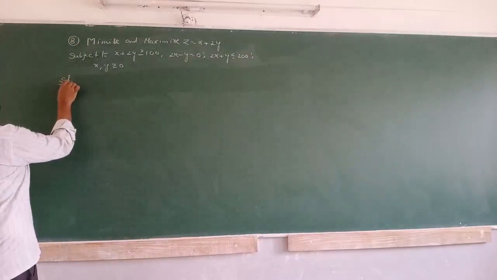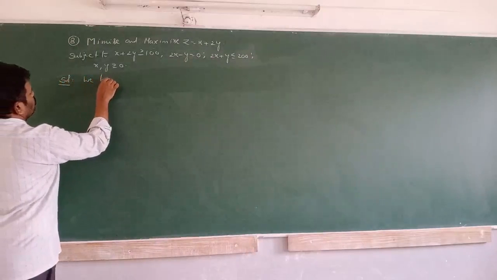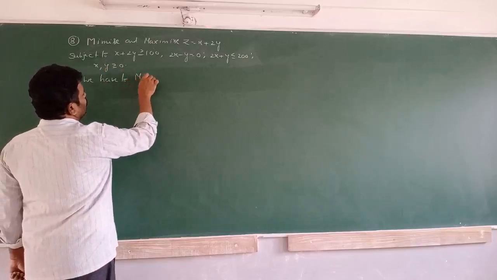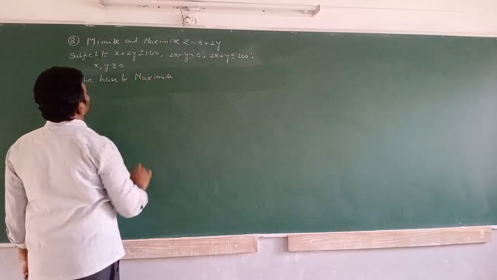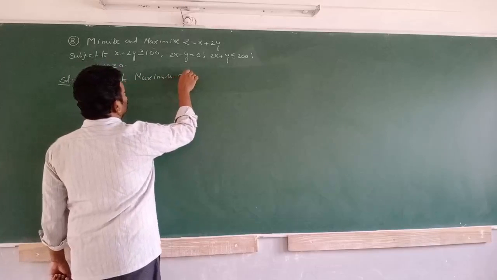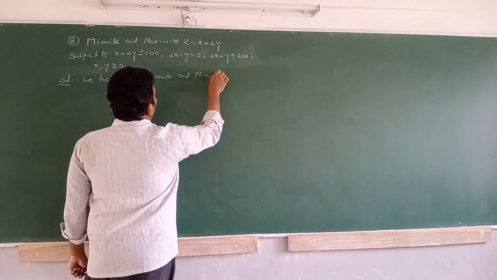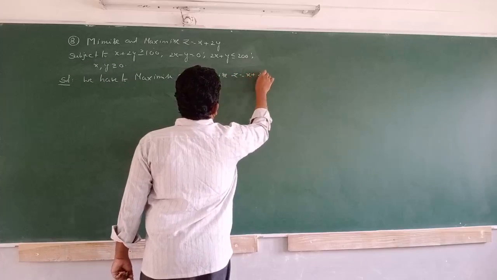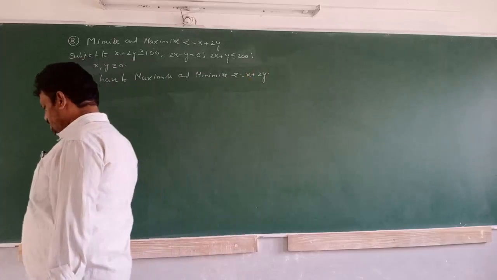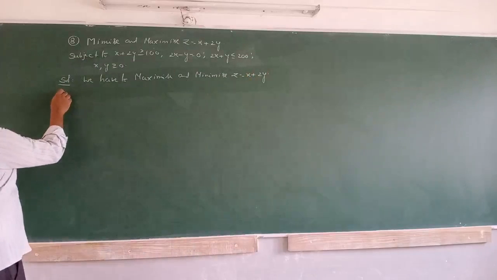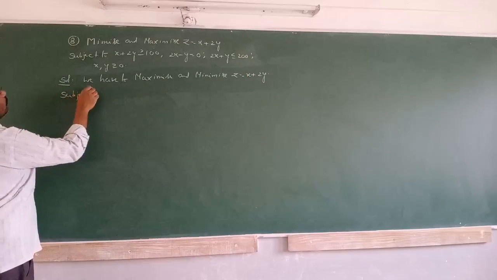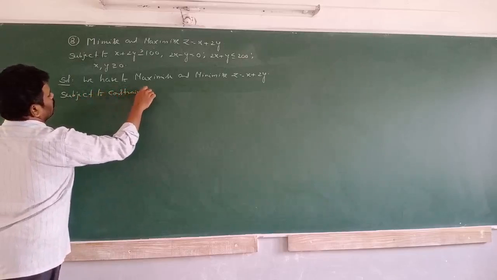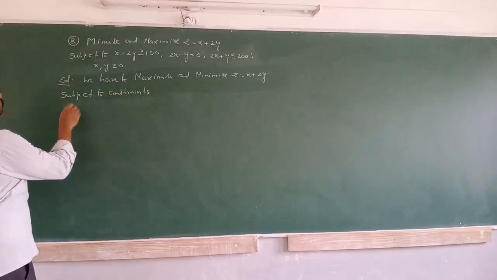So first we have to maximize and minimize Z is equal to x plus 2y, subject to constraints.